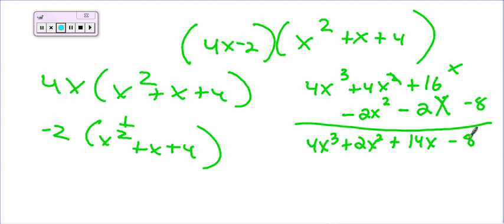These are not hard problems. These are combo problems, two kinds of problems put into one. Distributive property, add like terms. All right, so that's today, lesson 49.